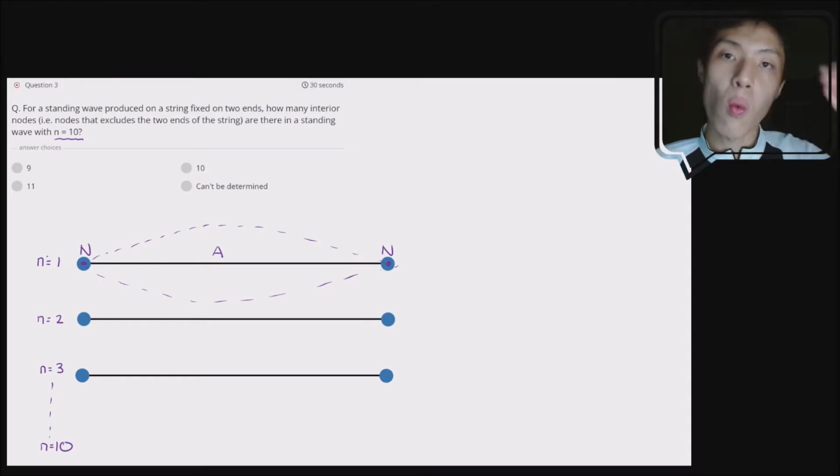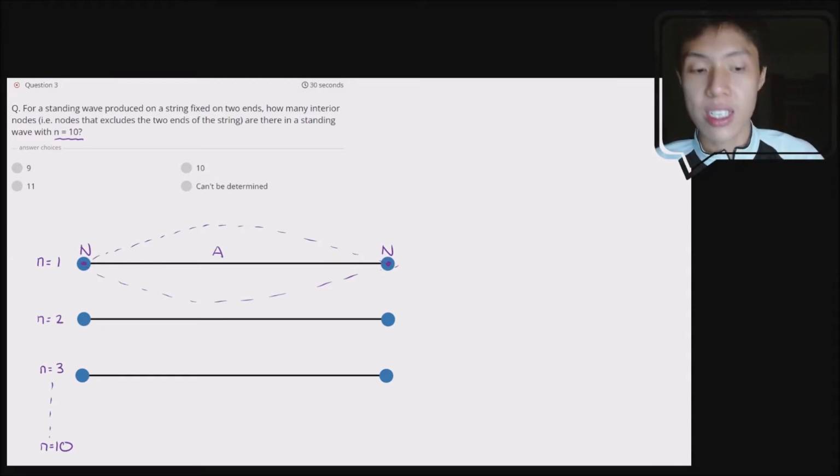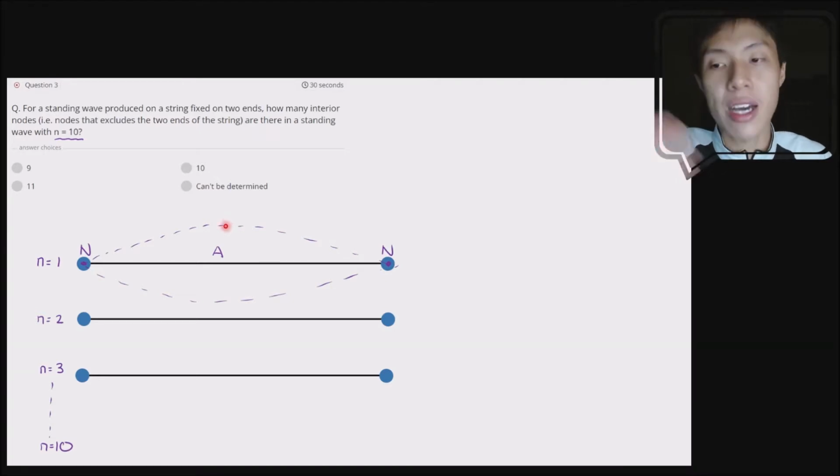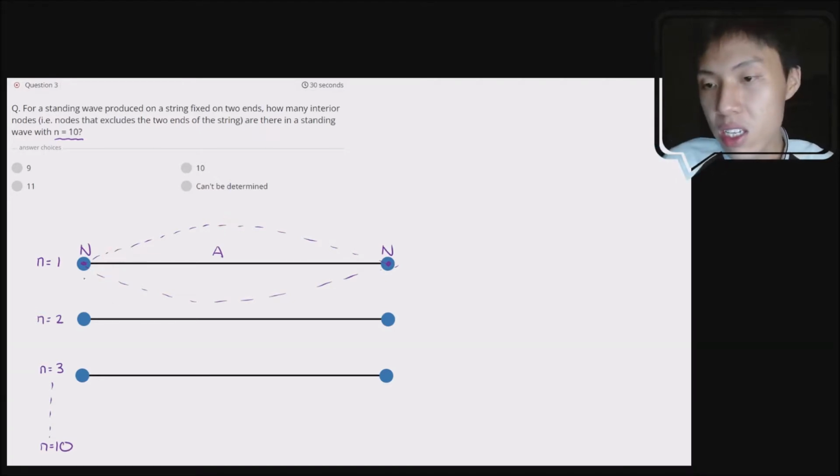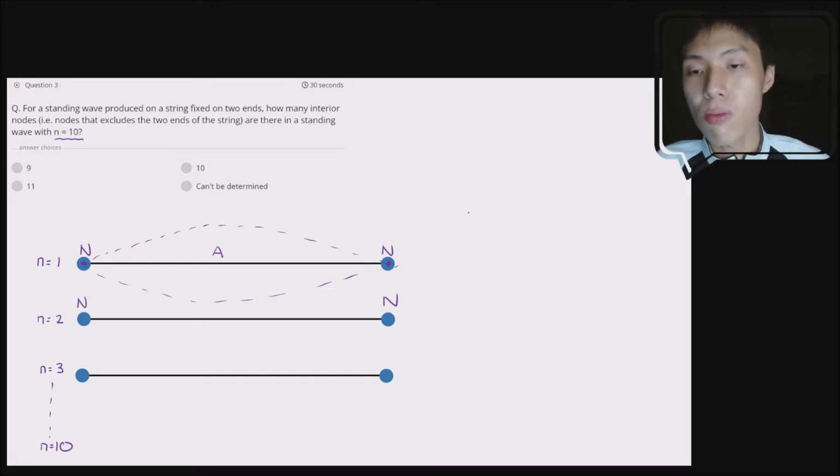So let's look at the second kind of standing wave that you can produce. What we have here is the fundamental, the simplest way. So what's the next simplest way? What's the one step higher? Well, you know that at the end it's always a node, so this one is fixed. But if you want to make it slightly more complicated, you need to introduce one node inside.